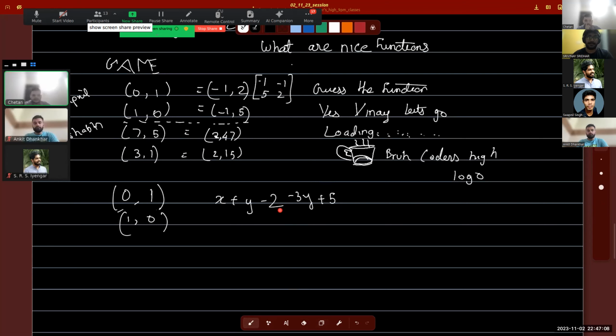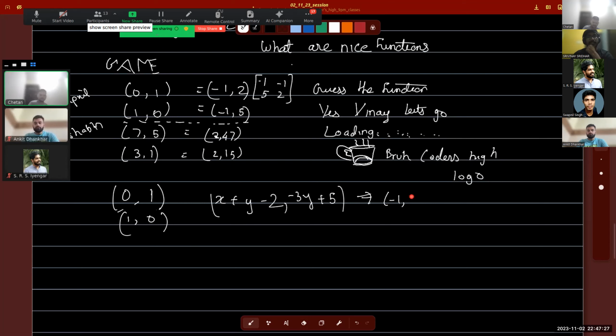Correct. This is one such function that satisfies this condition. Now, if we give it the input 1, 0, it gives us -1, comma 5. This satisfies this condition.